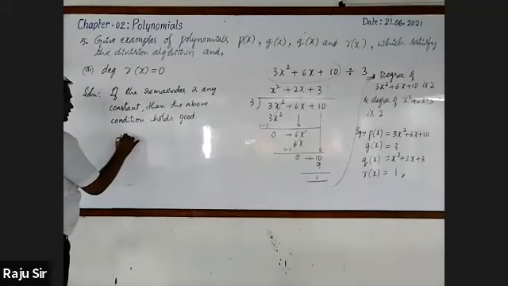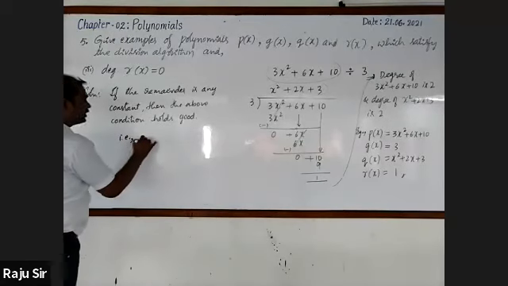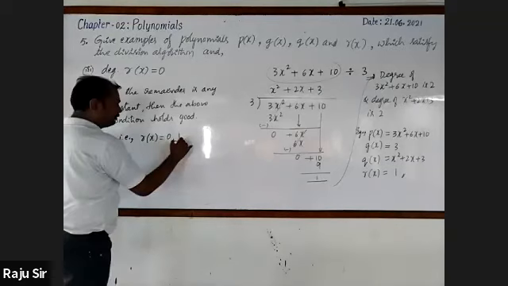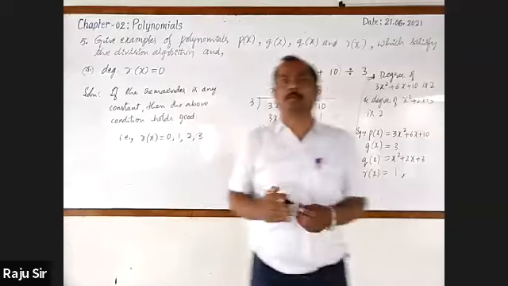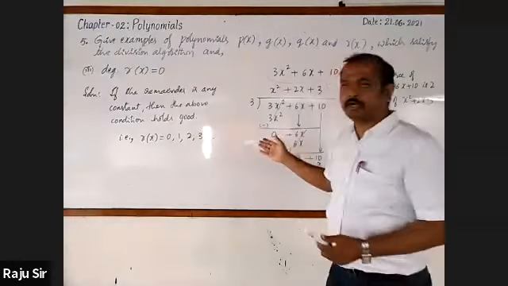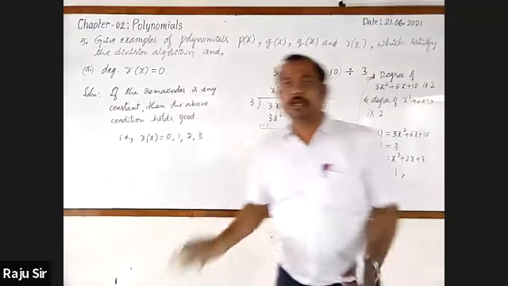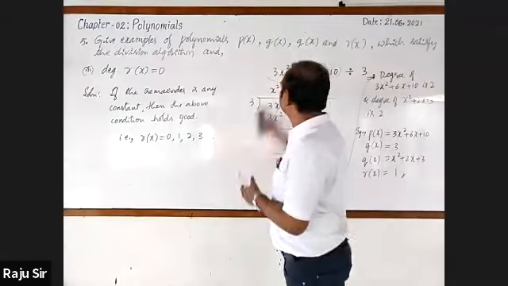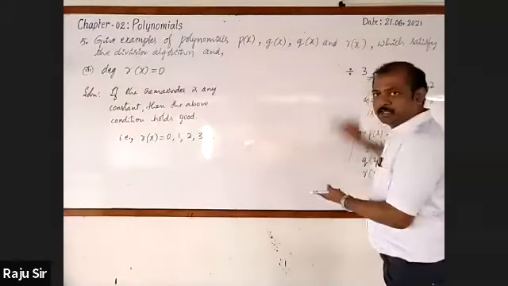That is R of x. It may be 0, it may be 1, it may be 2, it may be 3, any number. All of these are constants only. The degree of any constant polynomial is 0. Now I am going to take one such example, with the previous example also.